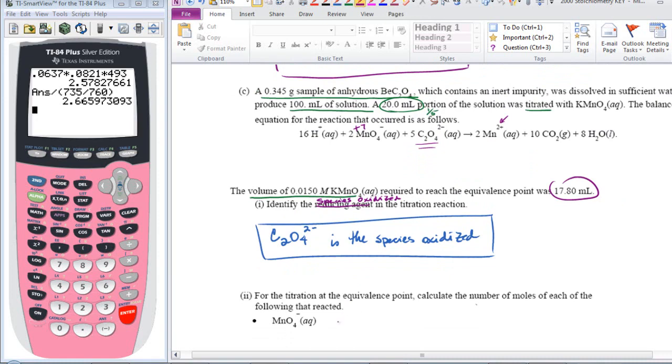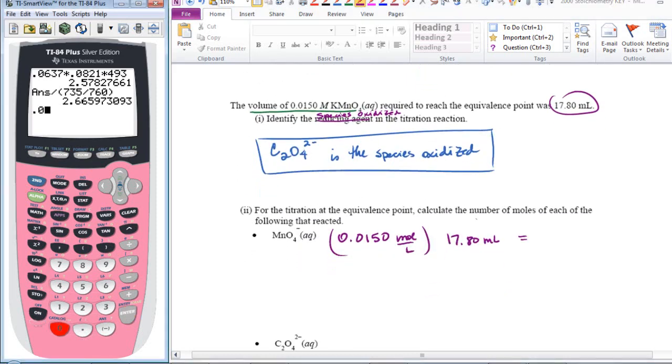The molarity, which is going to be 0.0150 moles per liter. That's an O. Moles per liter times how much of it? 17. Oh, I've circled it. 17.80 milliliters. And so I get an answer in millimoles, but that's okay.